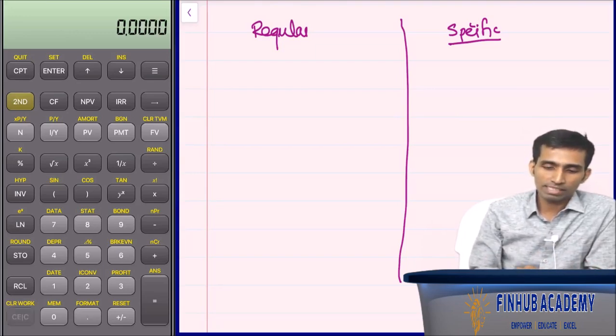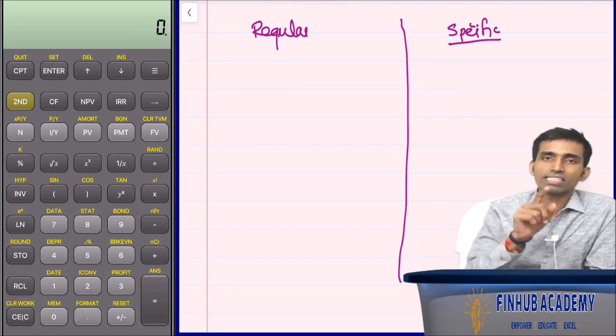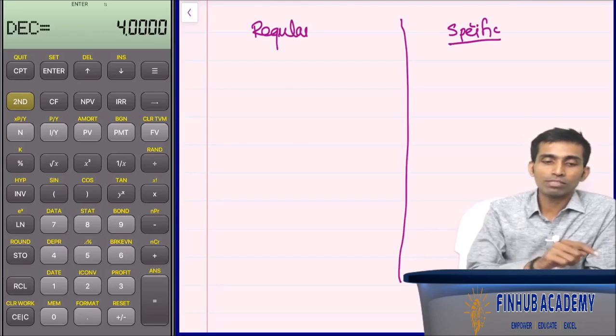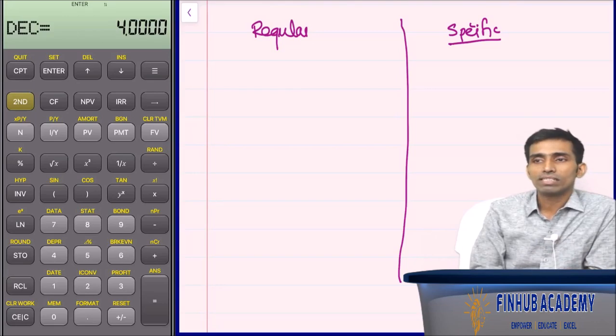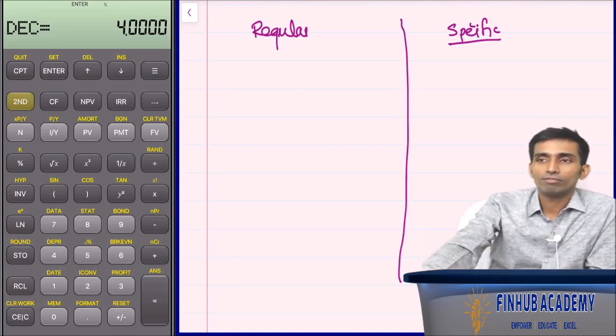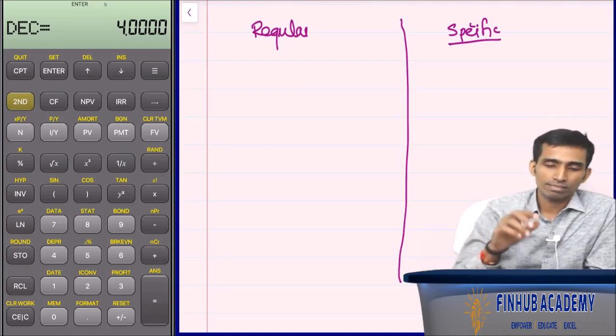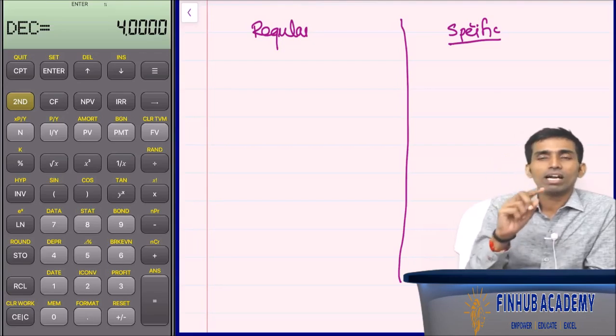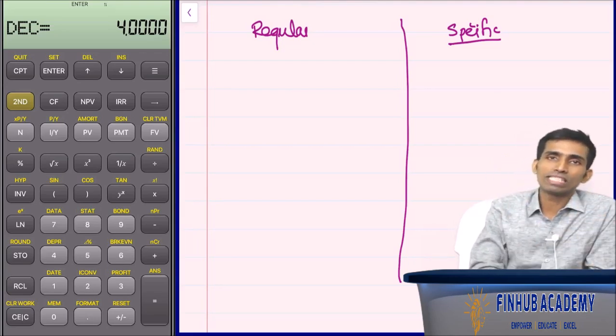If I simply put dot, it has taken 0 dot, correct? But if I press second and then dot, it says format, DEC means decimal. Is that clear? So whatever is yellow will be accessed using the second button. Now I can say that there is a direct function which is on the key itself, and there is a second function which we can use using second, that is yellow.